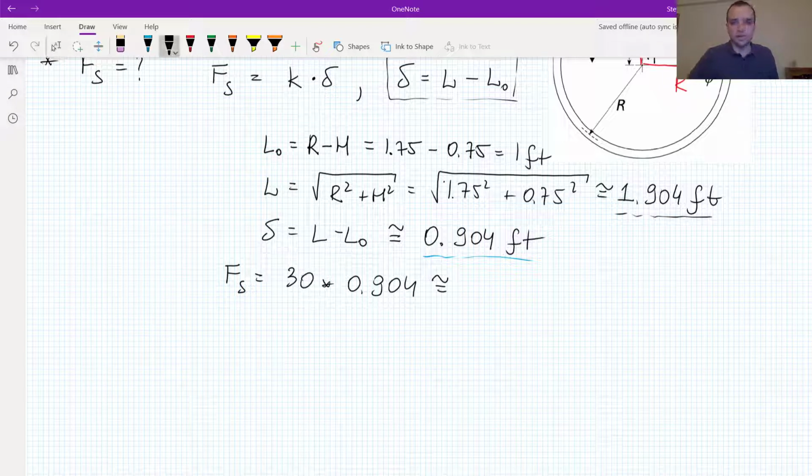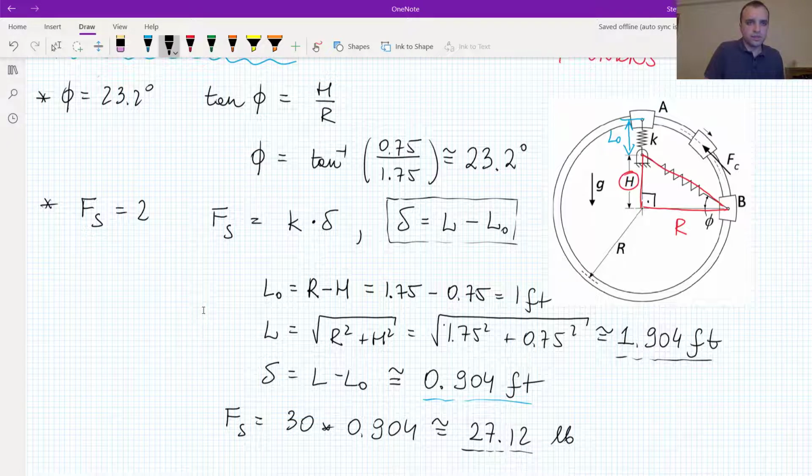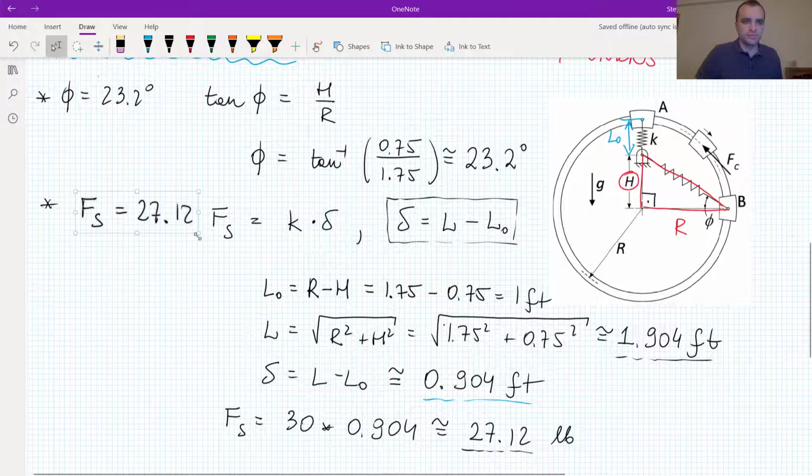This is approximately 27.12 pounds. Okay, so as you can see, we found the value of Fs.